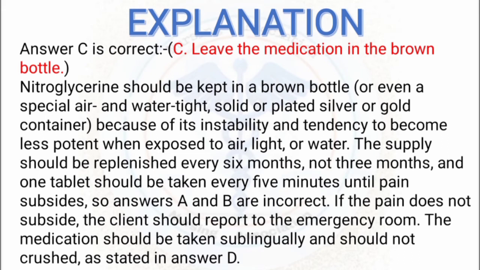Options A and B are incorrect because option A should be replaced every 6 months, not every 3 months. And if pain occurs, we have to give it every 5 minutes, not every 15 minutes. So we have to prefer to leave the medication in the brown bottle, option C.